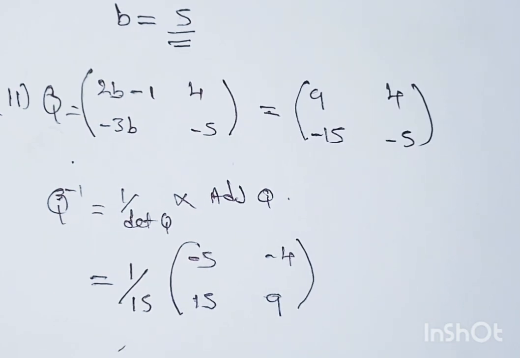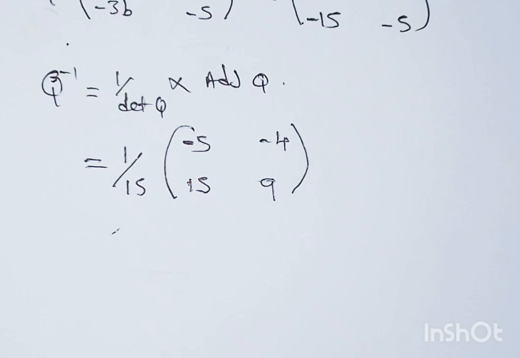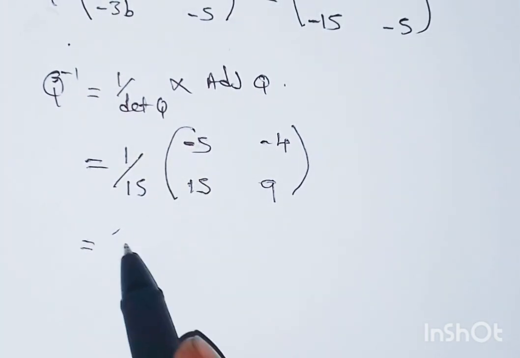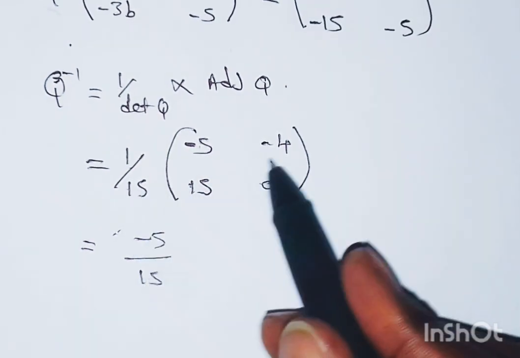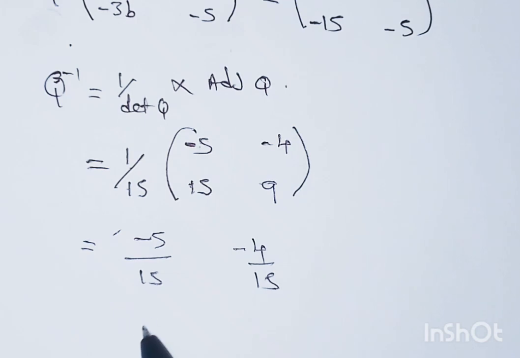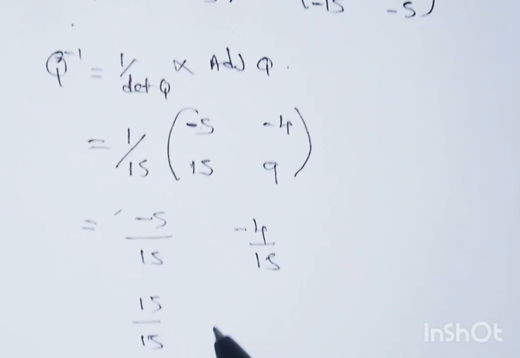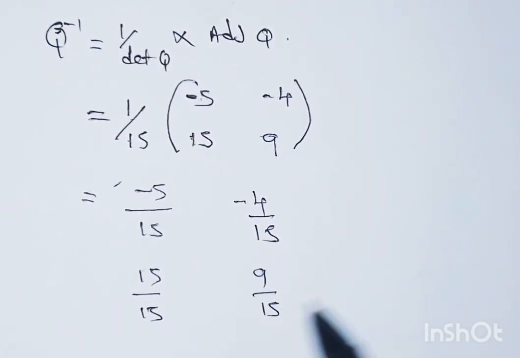If I expand this, it will give me negative 5 over 15, negative 4 over 15, then 15 over 15, then 9 over 15.